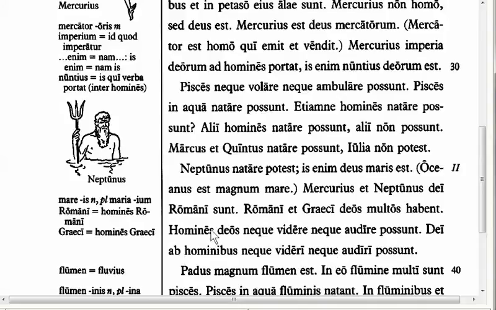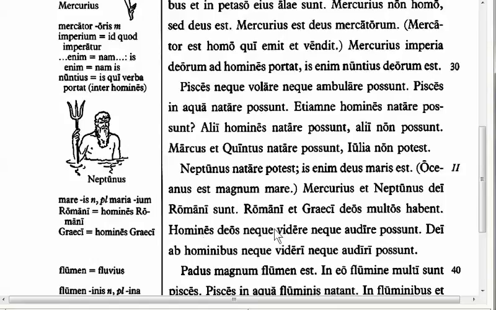So we have people are neither able to see nor to hear the gods, and then we have the gods are neither able to be seen nor to be heard by people.